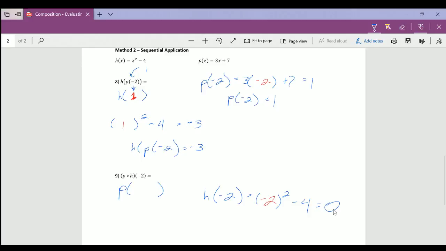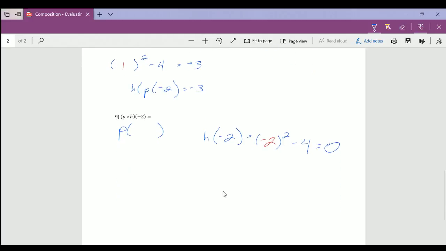If you just think of it this way, -2 squared is -2 times -2, and negative times negative is positive. If you were to type this into your calculator without parentheses, what it thinks you want is the negative of 2 times 2, and that is totally not what we want.